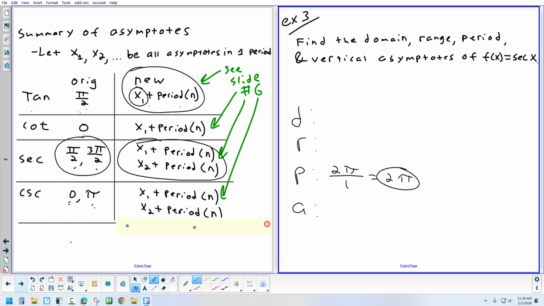Secant? No, that's our function. It's not the argument.